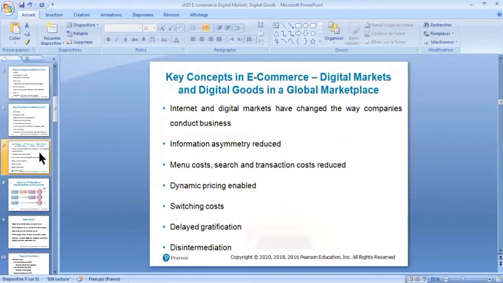Okay, this slide introduces digital markets and discusses the effects of digital markets on the ways companies do business.